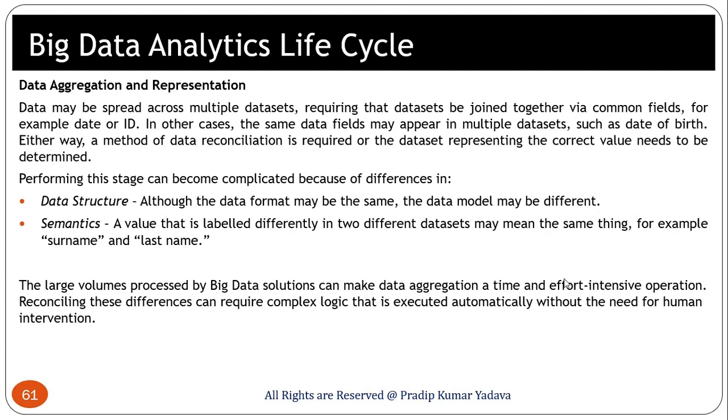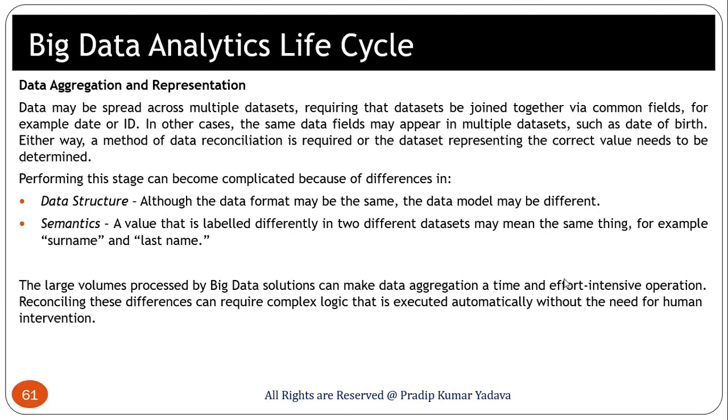In other cases, the same data field may appear in multiple data sets, such as a date of birth. So a method of data reconciliation is required, or the data set representing the correct value needs to be determined. Performing this stage can become complicated because of differences in data structures. Maybe one table has multiple data fields, and the second table does not have a common field.